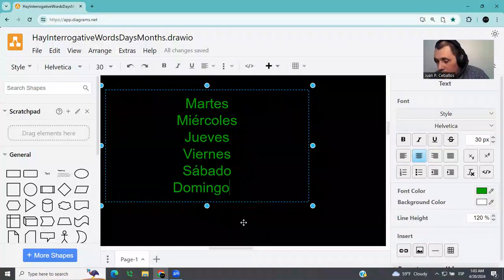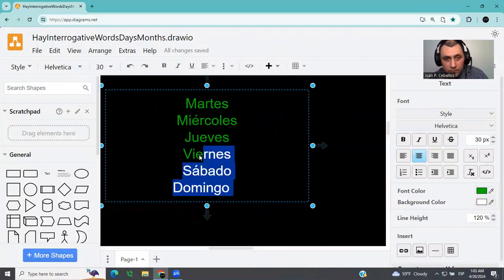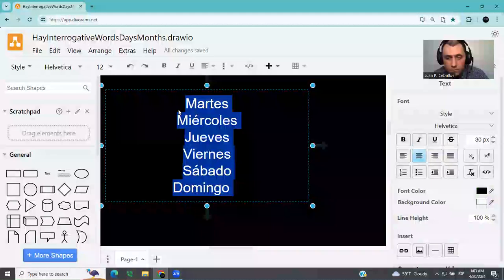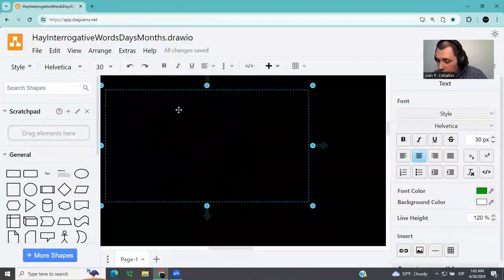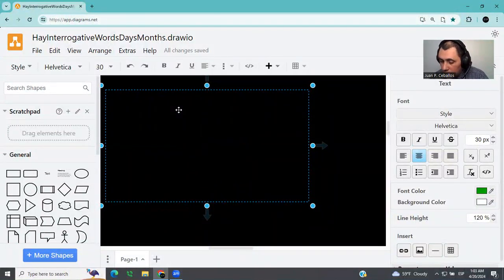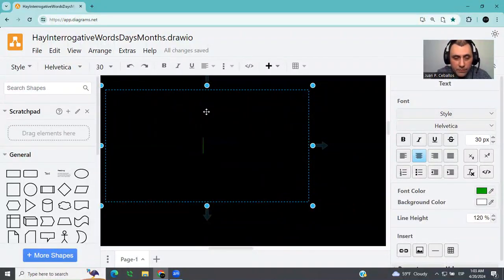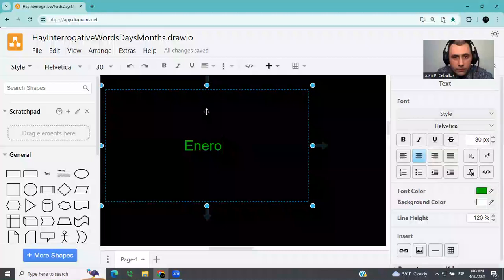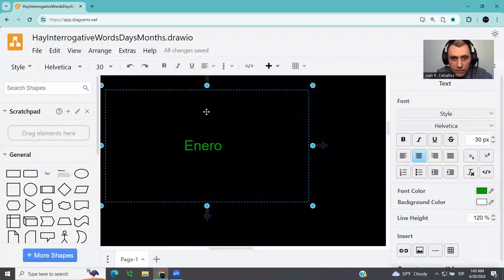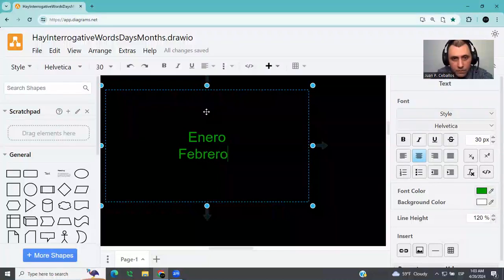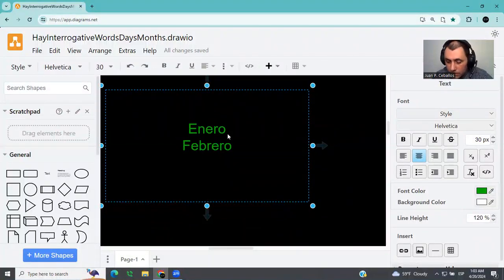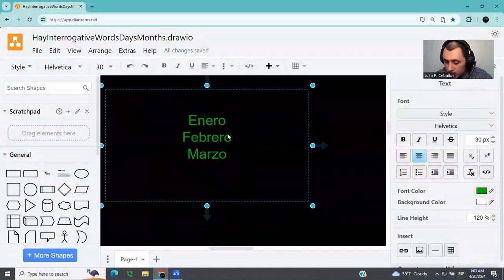Now, months are very straightforward. Well, not so much, but we will learn this later. Basically, I'm just going to put them in here so you can hear the pronunciation. Enero is January. Febrero is February. Marzo is March.